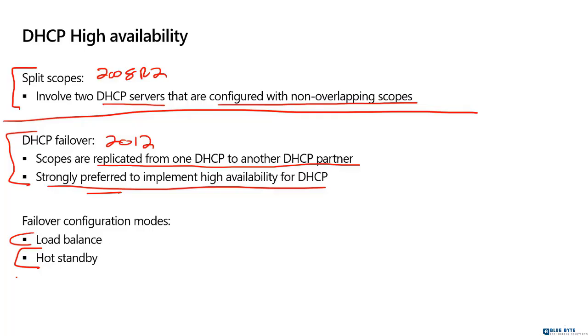This is the concept that we have long used in clustering. This load balance mode, in some context, it's referred to as active-active, and the hot standby is active-passive. Simply meaning one server is working, the other one is just waiting for a failure so it can step in and serve clients.